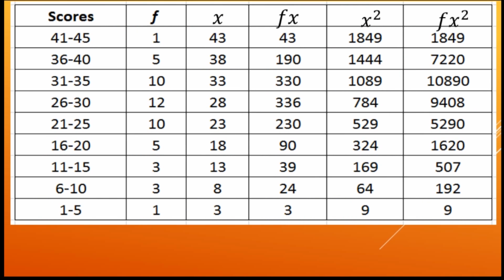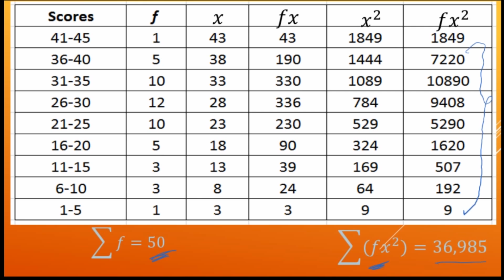After completing the frequency distribution table, we need to find some of the summations of the columns. First, we need to find the summation of the frequency. In our data, we have 50. We also need the summation of the last column, fx squared, and that is equivalent to 36985. Simply add all the numbers here.